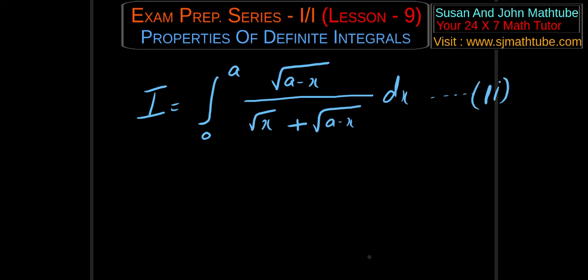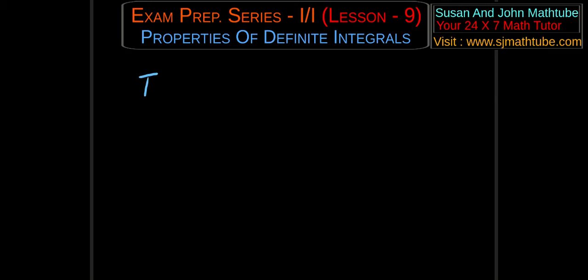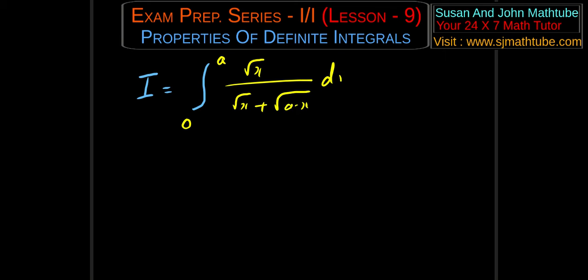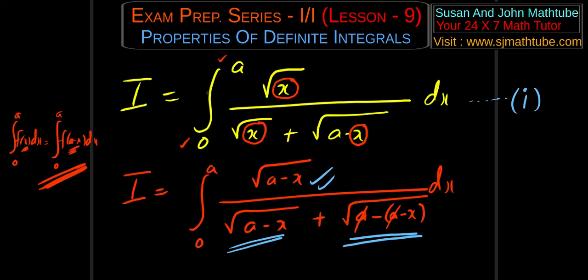Now for your advantage, I'm going to write equation 1 and 2 together. So this is equation number 1, root x by root x plus root a minus x dx. Let's check that once more and confirm it. Root x by root x plus root a minus x.